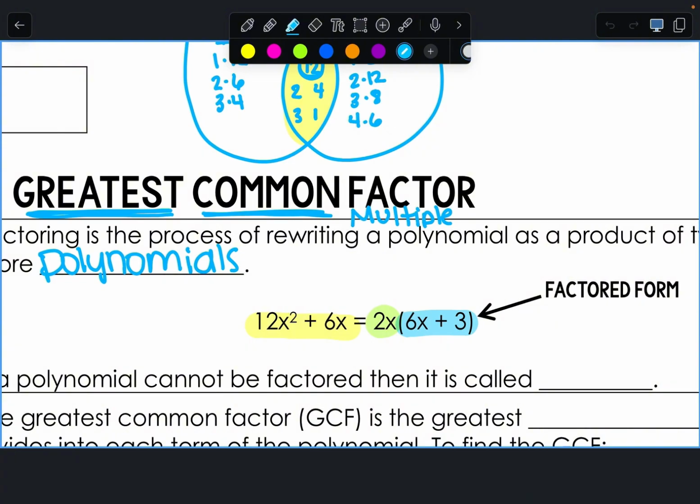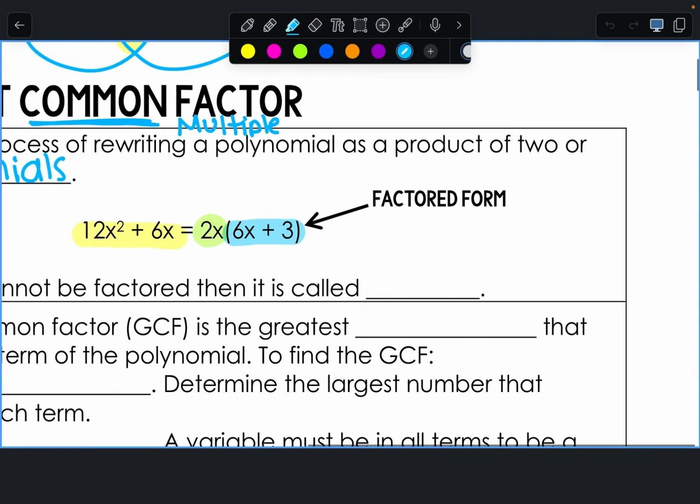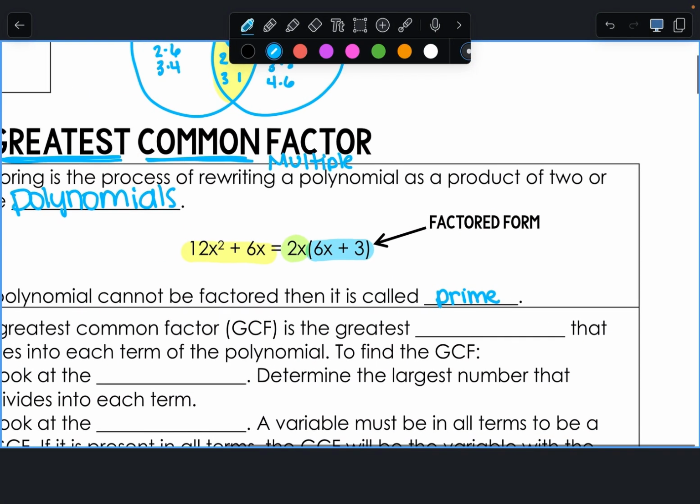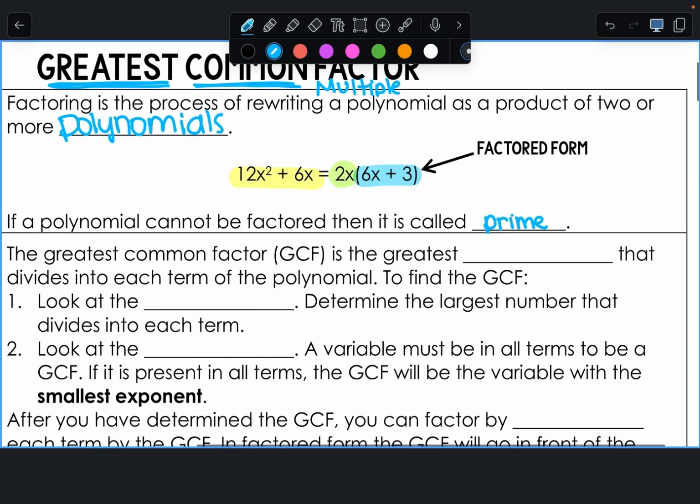We're factoring. Now, if a polynomial cannot be factored, then it is called prime. You're never going to have a prime in Algebra 1, so you don't have to worry about that. All of the questions on the STAR test that ask you to factor are going to have a greatest common factor.